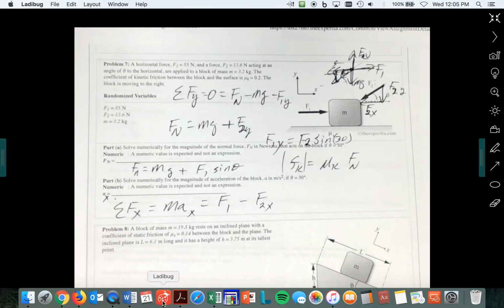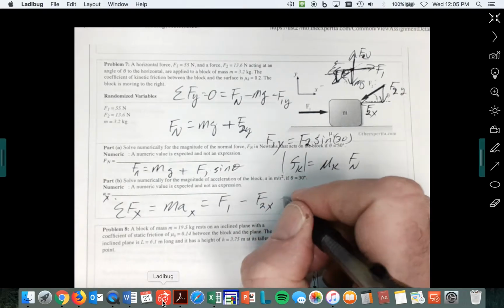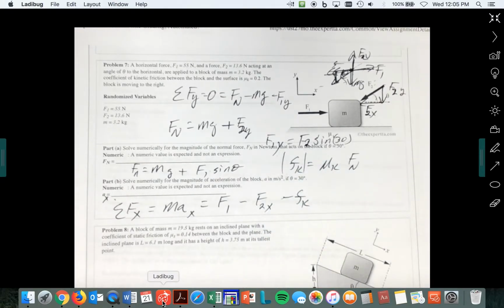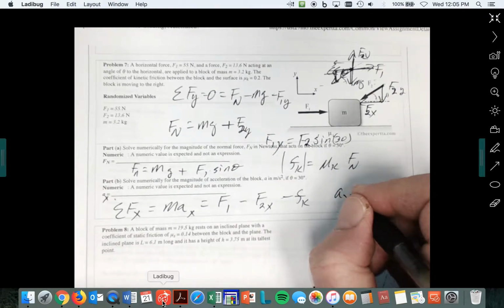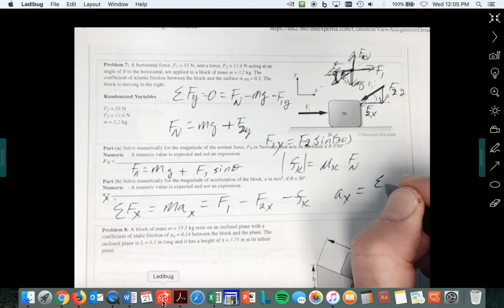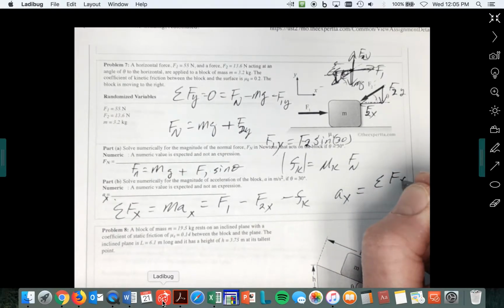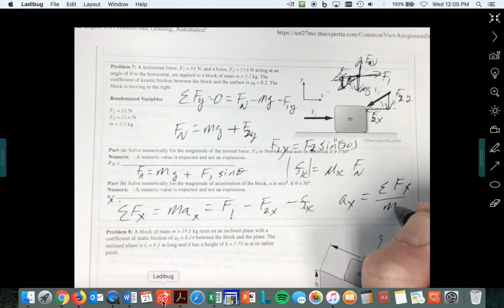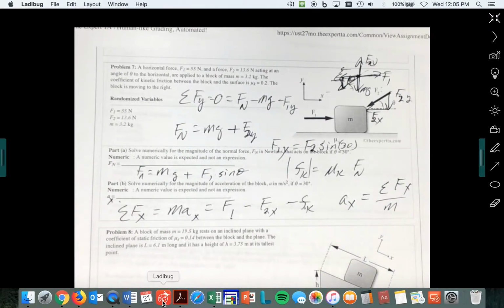Minus F2 of x minus the frictional force, F sub k. Well, I've got numbers for everything here. And so a in the x direction is equal to the sum of those forces in the x direction, where we can plug in numbers for all of that, divided by the mass. And we're done. All right, so that one's not too bad.